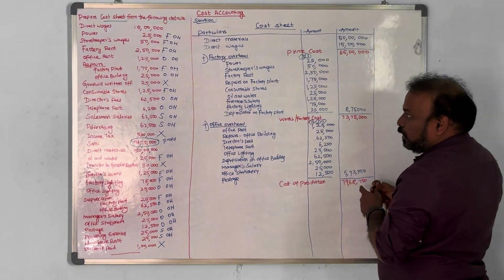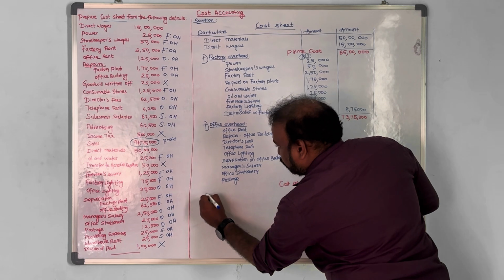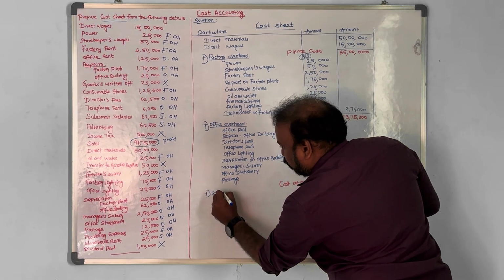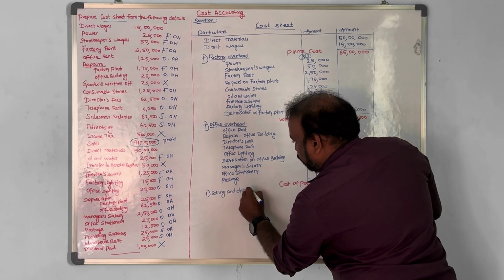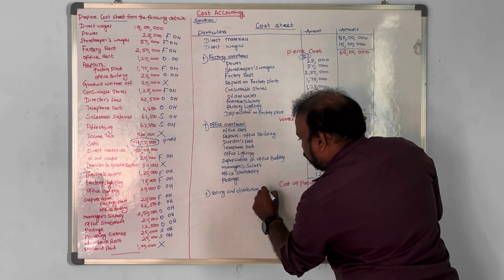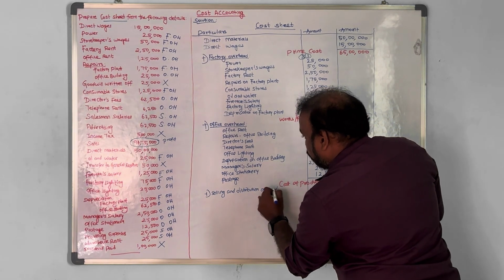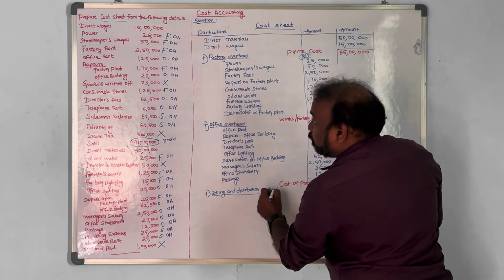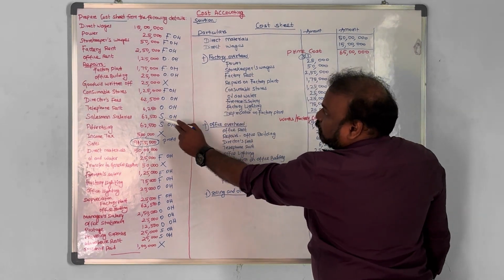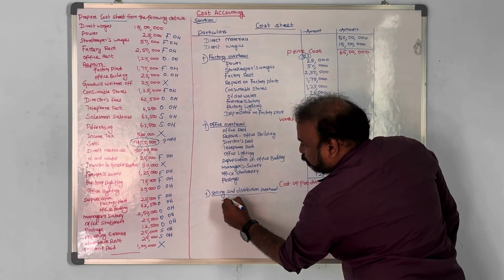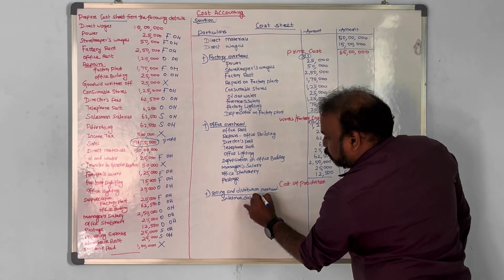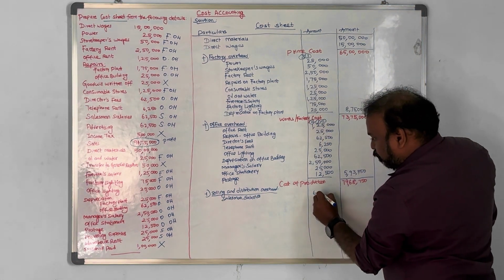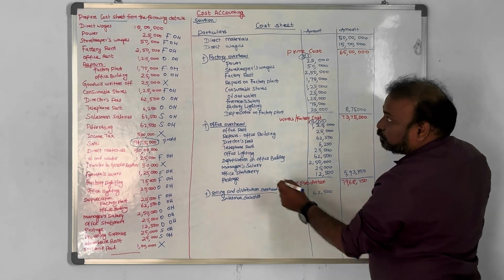To this we have to add selling overhead, selling and distribution overhead. Here is salesman salary 62,500.